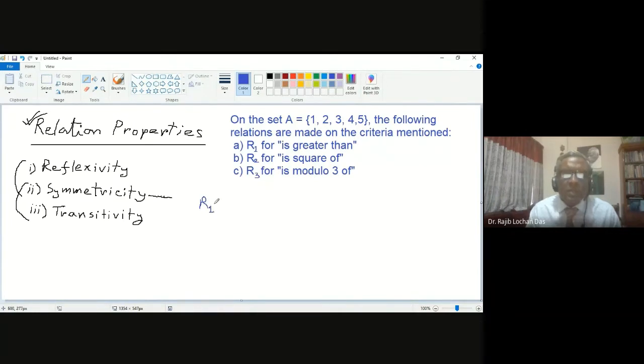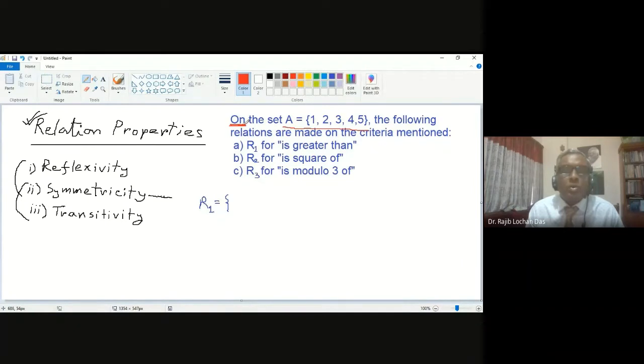R1 is a relation here. If you want to show the elements within R, you have to follow the criteria given. Before that, we need to think what the cross product of the set is. In this case, it is given on the set. "On" is a particular term.